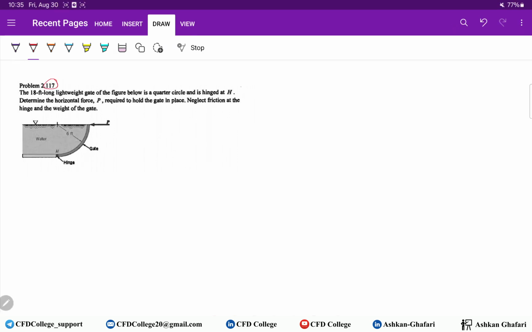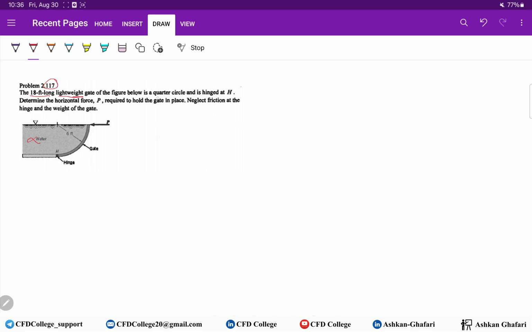Problem number 117. In this problem, we have this system. Here we have water and a gate. The 18 feet long lightweight gate, this means that we don't need to consider the weight of the gate.